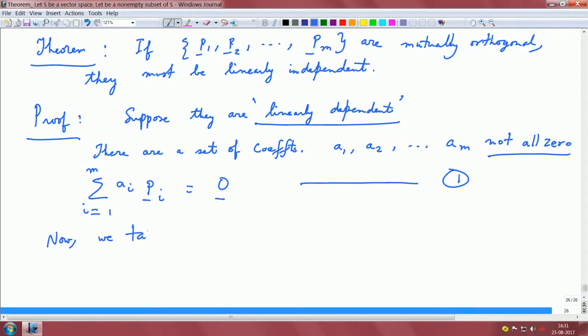So, now we take the inner product of equation 1 with each pi.